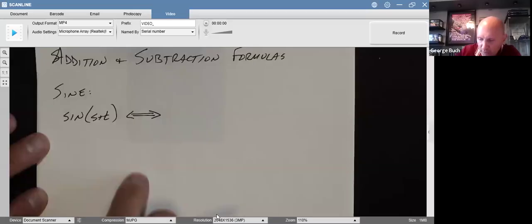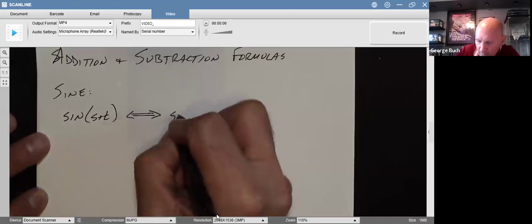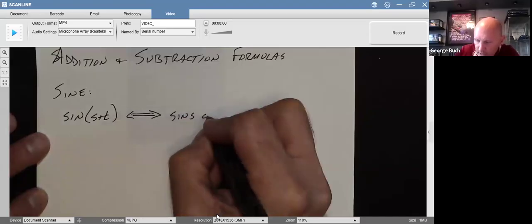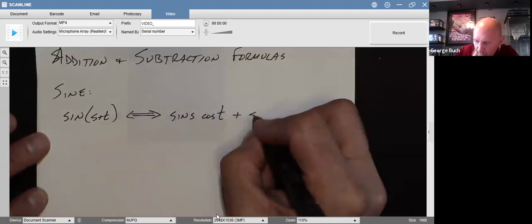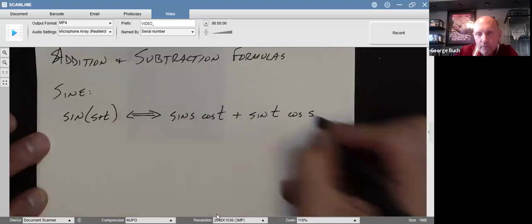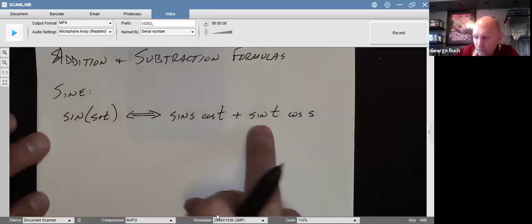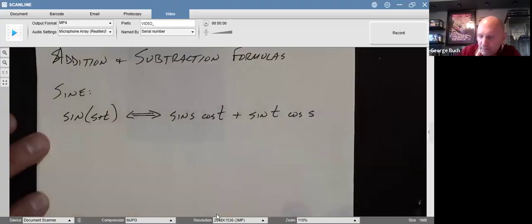So sine of s plus t is going to be sine of s cosine of t plus sine of t cosine of s. So it's sine cosine plus sine cosine, and you just switch the s's and the t's.